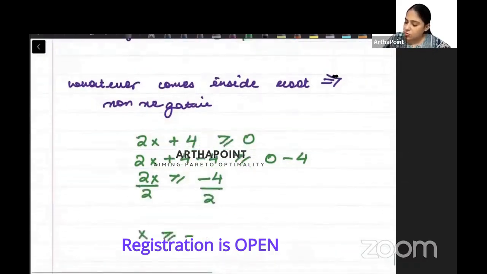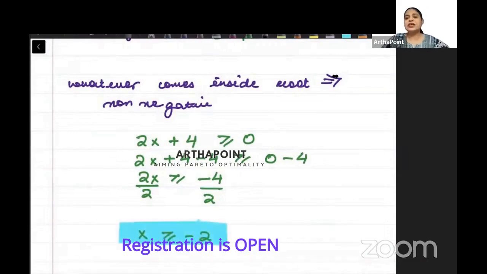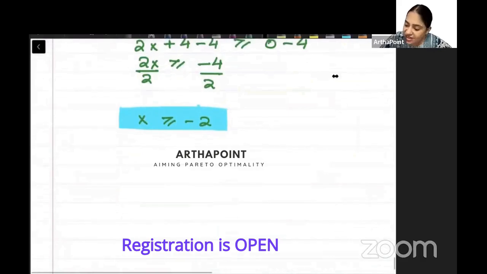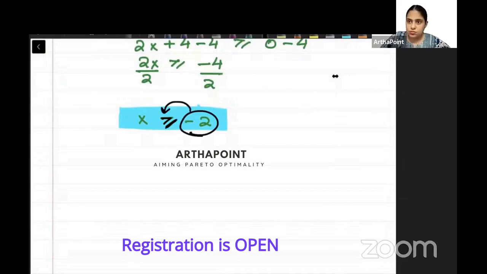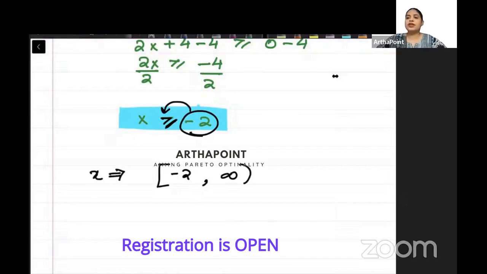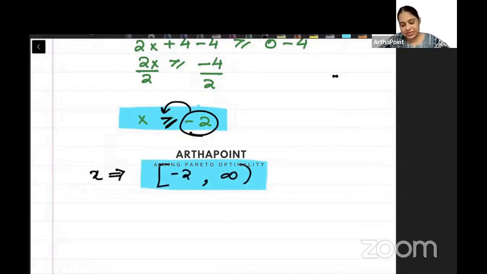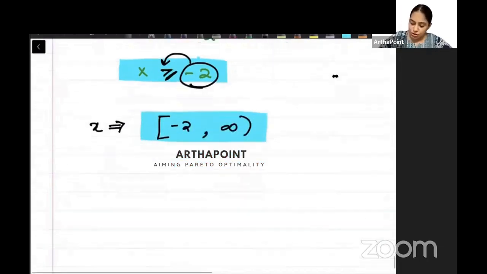X greater than or equal to minus 2. तो minus 2 is included. देखो greater than और equal to है ना, तो minus 2 is included बच्चे, और infinity तक कोई भी value. So this will be the domain of x. क्या domain हो जाएगा? Any value from minus 2 to infinity. That will be the domain of x. ठीक है बेटा.